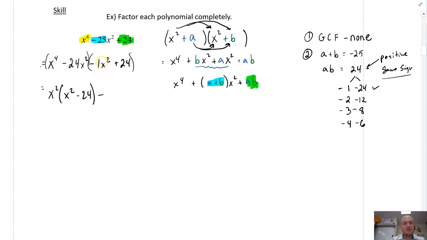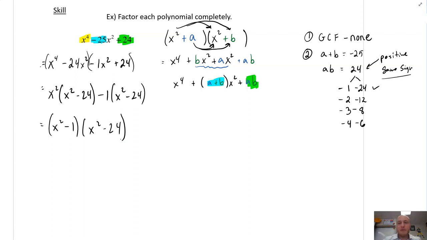So notice my leading term here is negative. I want to pull out that negative 1, and I have x squared minus 24. And I can go ahead and use reverse distribution. So I have x squared minus 1, x squared minus 24. Okay, and I have factored my trinomial.